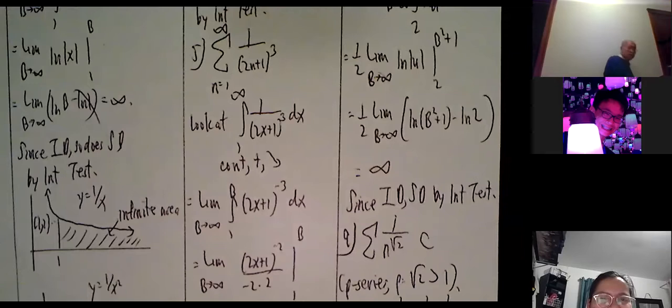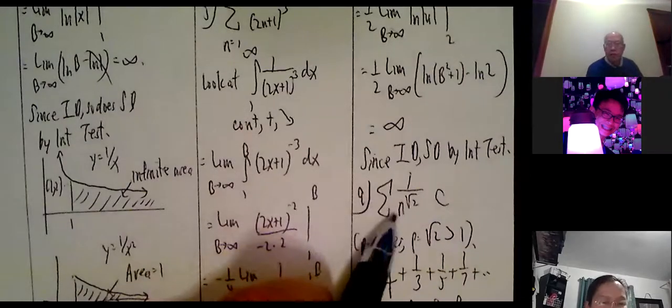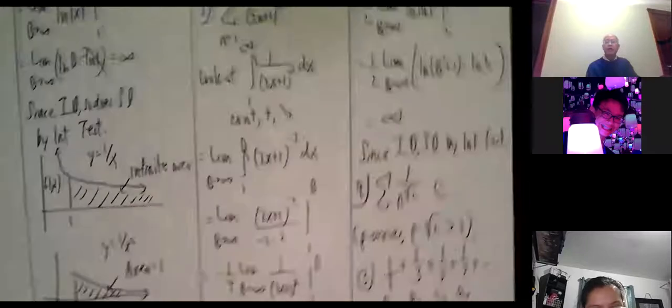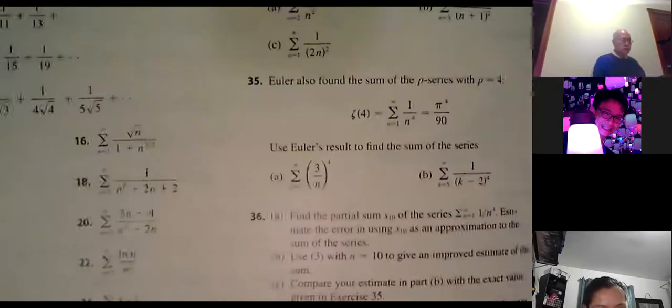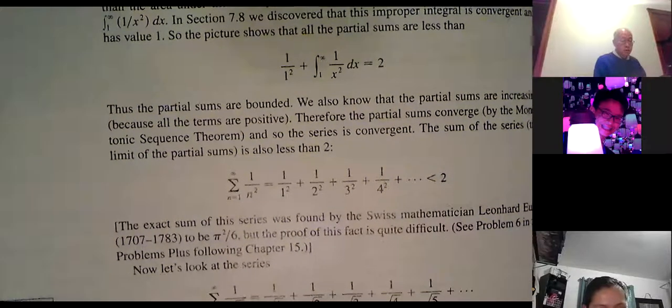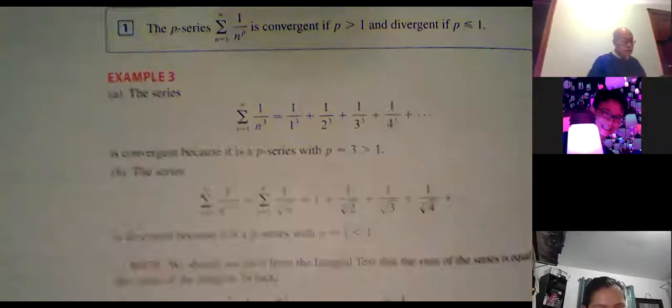Okay, and then number 9, it does match. What do you know? A summation of 1 over n to the radical 2. So that looks like my p series rule. Okay, so put this on your next cheat sheet, the p series. It's on page 722.